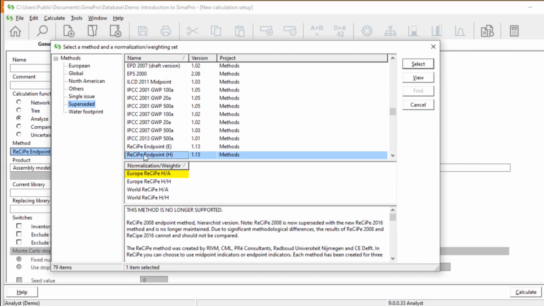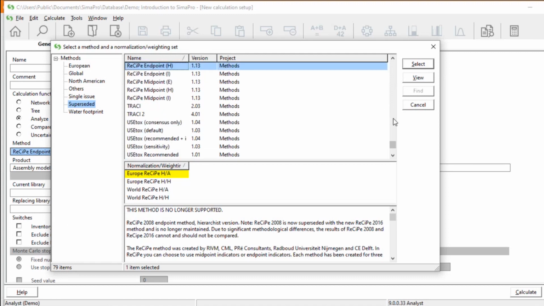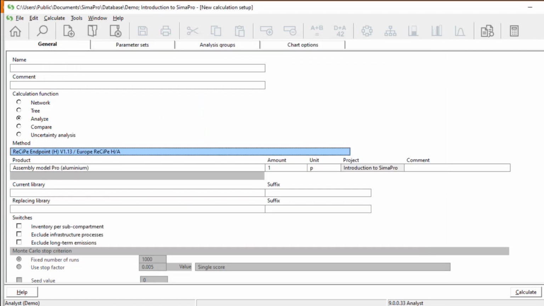Then these are the methods. This method has been selected here, so I'm not duplicating it again, just cancelling it. In the case of other databases, you can choose other methods as well. So just cancel this one.